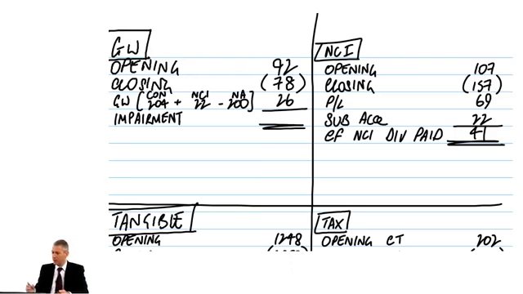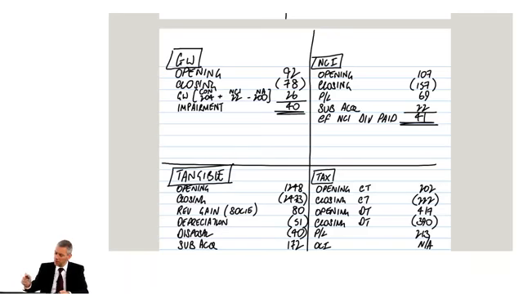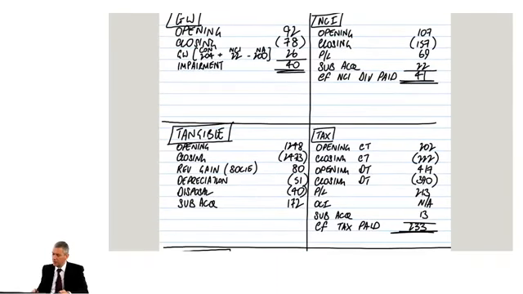And before we go any further, I just want to add down 92 minus 78 plus 26 gives us 40. And then I want to reinforce this. I'm going to just change scale slightly. Actually, let's do tangibles. The figure coming out of tangibles is always the figure for purchases.